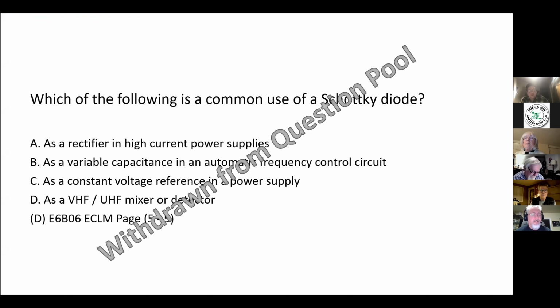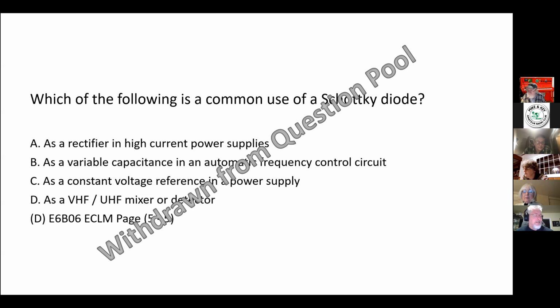Well, it's not confusing. The other ones are just way out in left field. So I've got the extra class license manual supplemental information from the ARRL website. And they said that it was withdrawn because it has two correct answers, A and D. Thanks, LJ. In my book it actually says it's withdrawn.